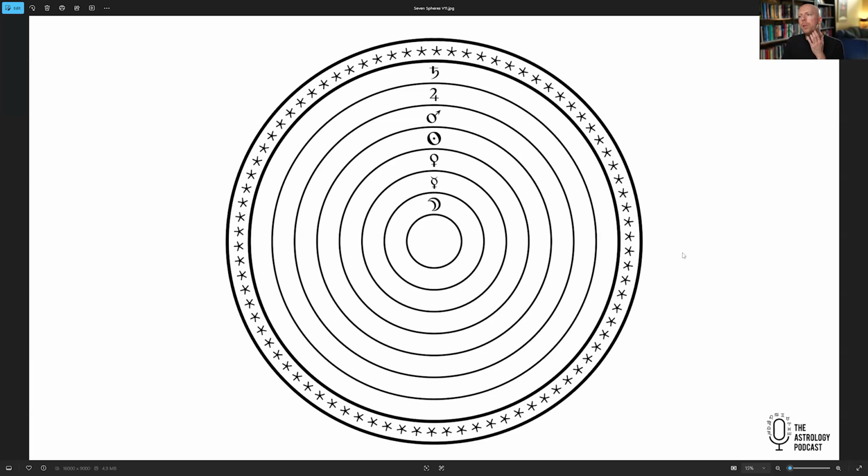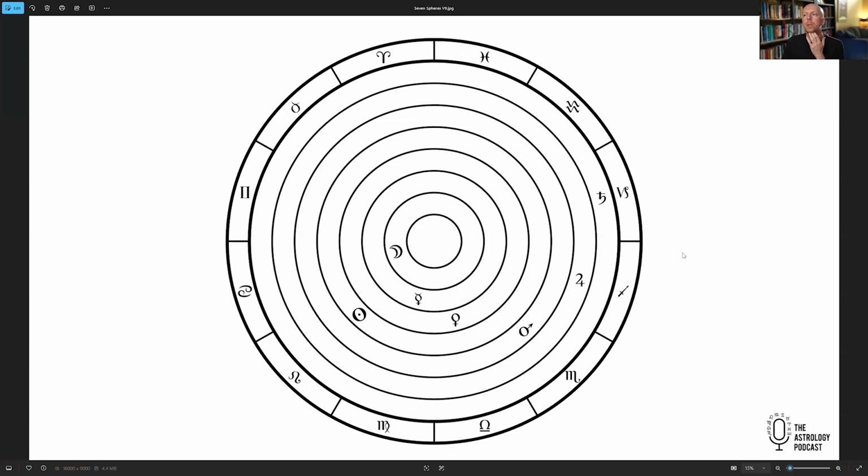So one of the things you can do is these different models start interacting and being combined in different ways.